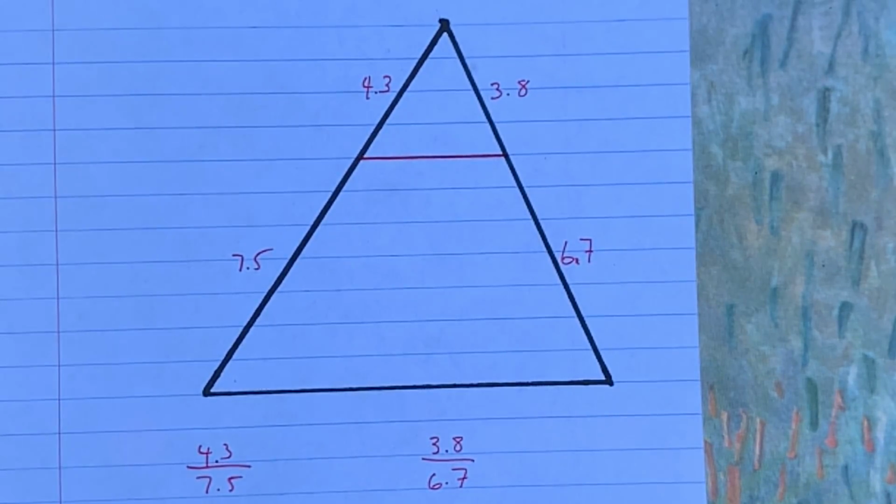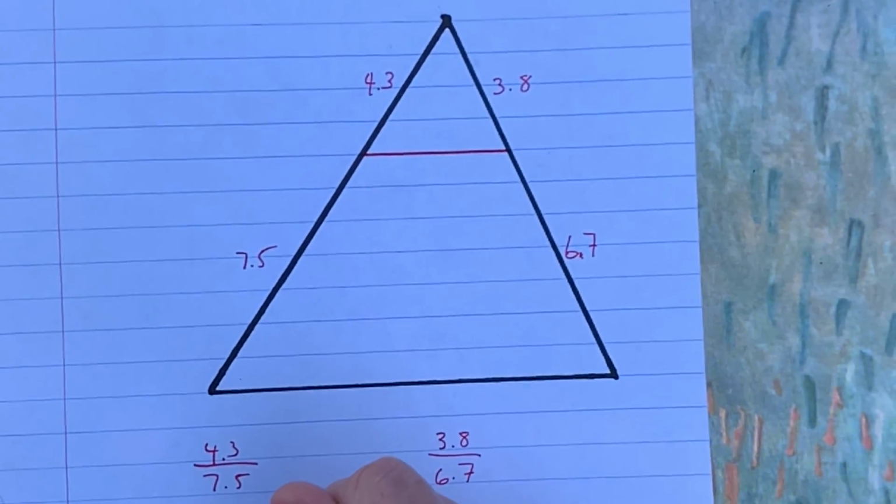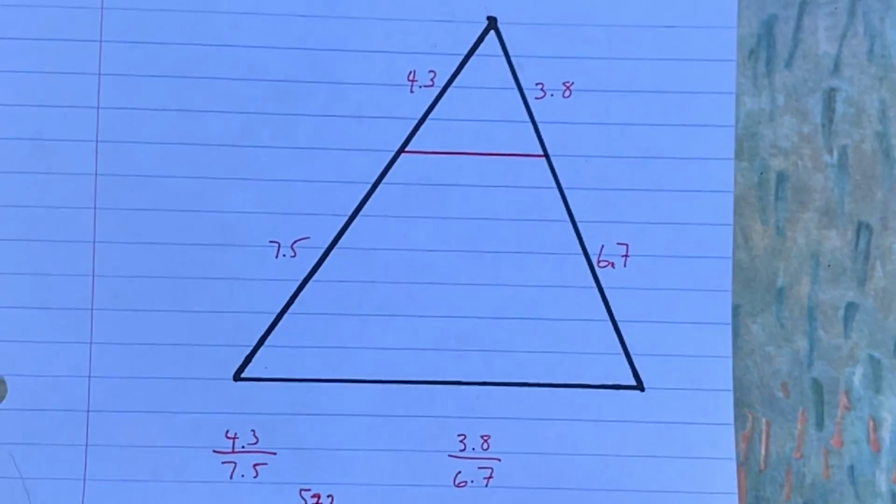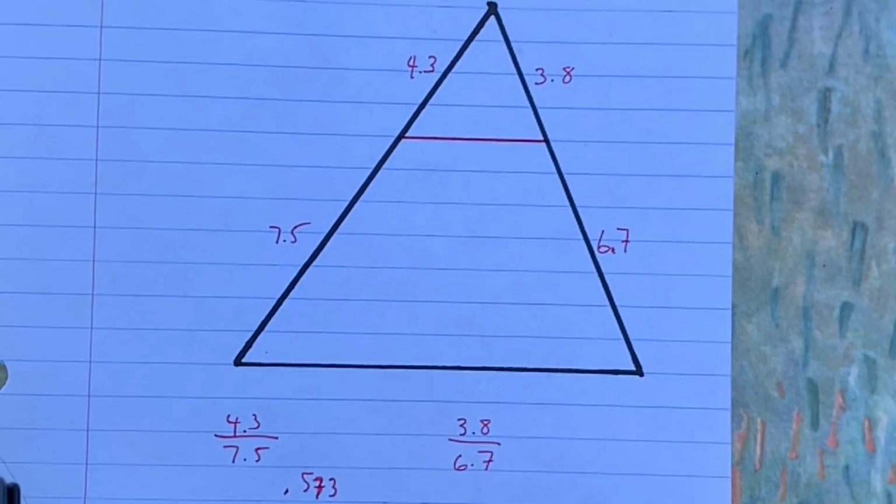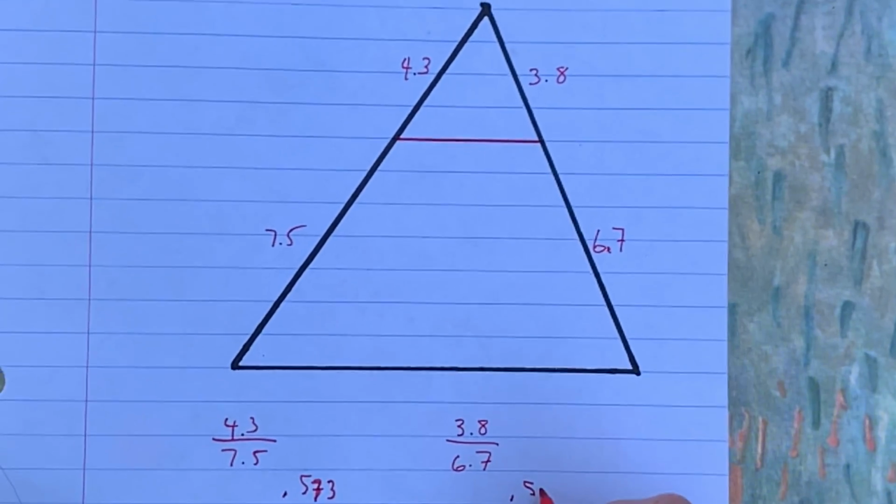Why don't you grab out your calculator and see what you get? So now that you've had a little bit of time to put those in your calculator, it looks to me like I've got that this is about 0.573, and this guy over here is about 0.567.